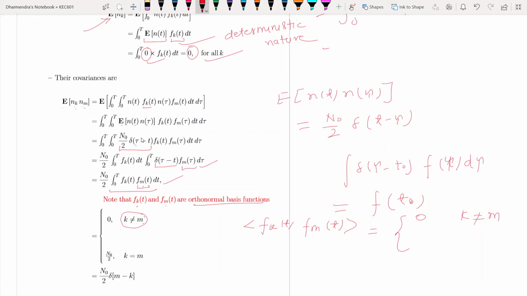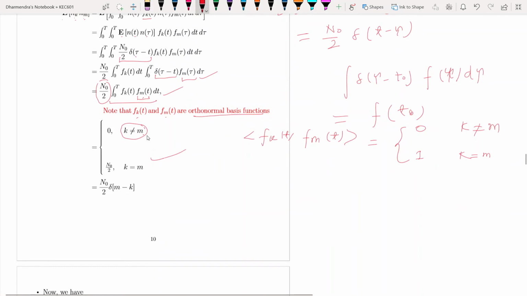And when k equals m, the norm should be unity. Okay, so using these I can write, because you have to multiply with N_0 by 2, the covariance like this, where delta is the Kronecker delta function.